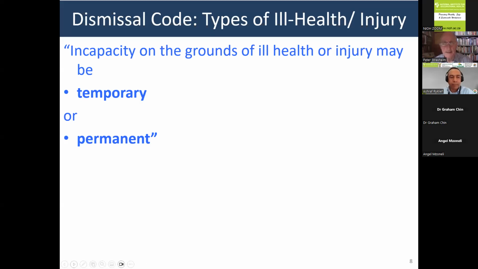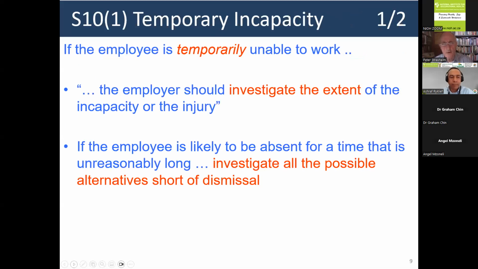The code then says, if the employee is temporarily unable to work, which in long-term COVID by now wouldn't be the case, the employer should investigate the extent of the incapacity. That's, of course, where medical practitioners, occupational medical practitioners, sometimes specialists, certainly occupational therapists will come into play to investigate the extent.